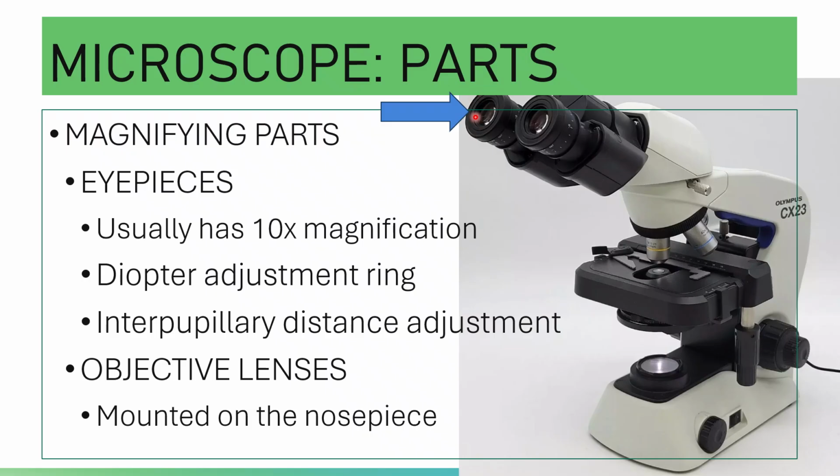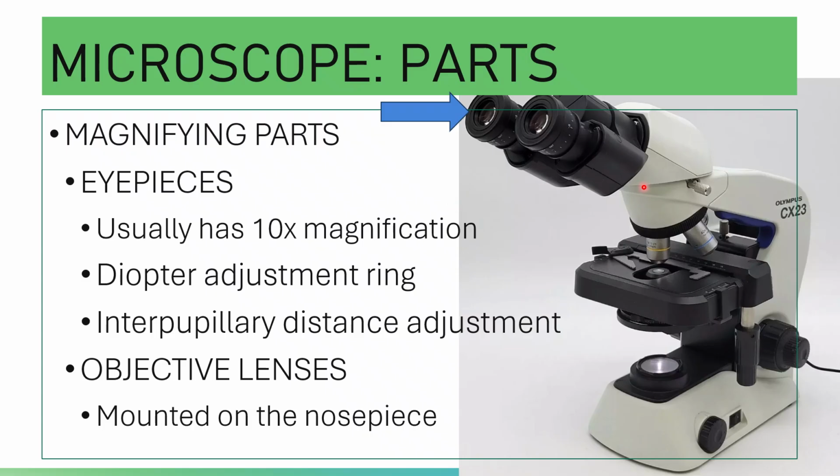In the laboratory, we utilize a binocular compound microscope, meaning there are two eyepieces to look through. Each of these has 10 times magnification, and this one has 10 times magnification. But it does not make it 20. It is still 10.